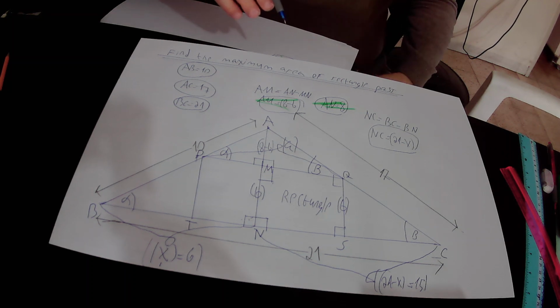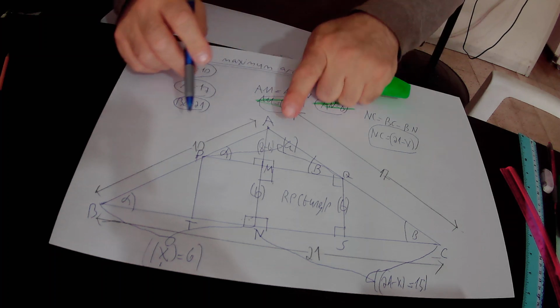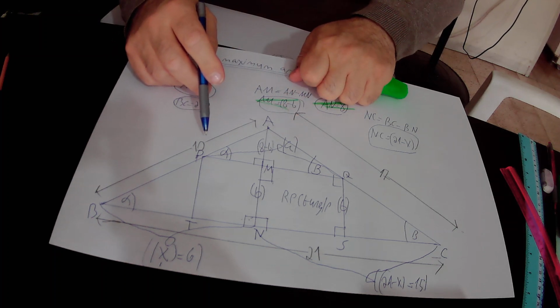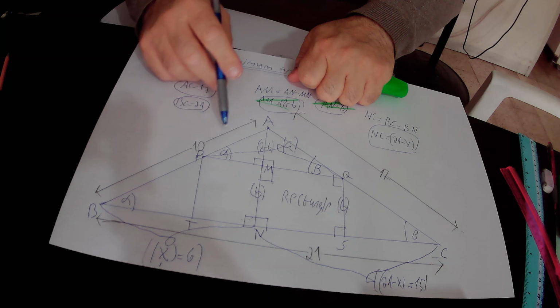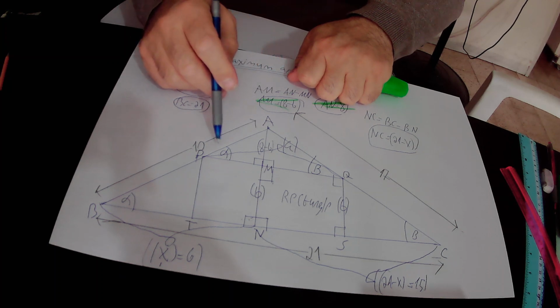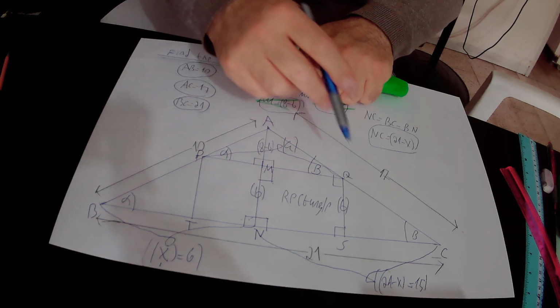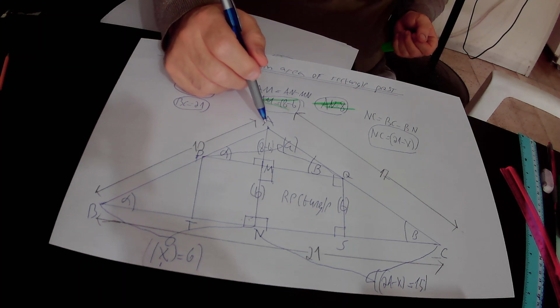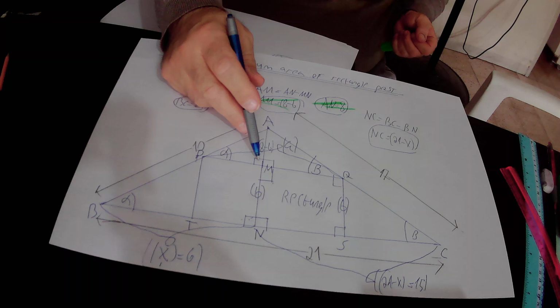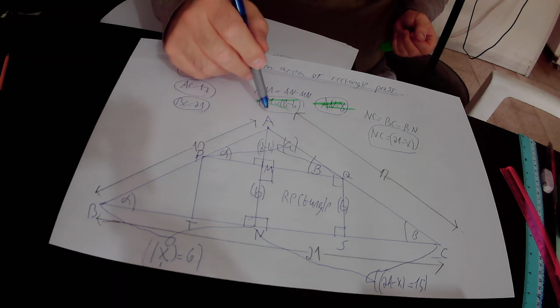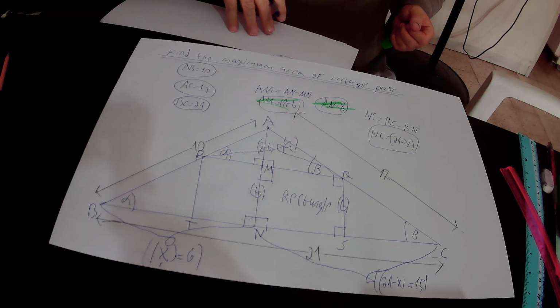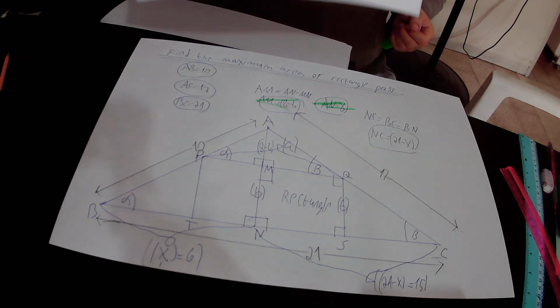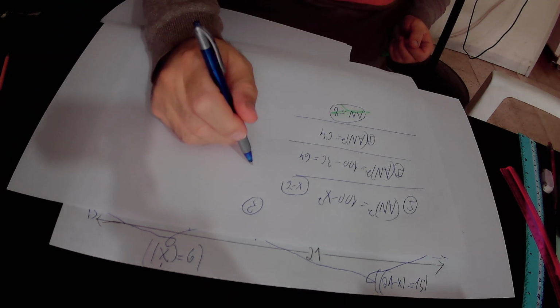Therefore, in these two similar triangles, the small triangle APQ and the big triangle ABC, the ratio is the height AM of the small triangle over the height AN of the big triangle. This is actually AM over AN.